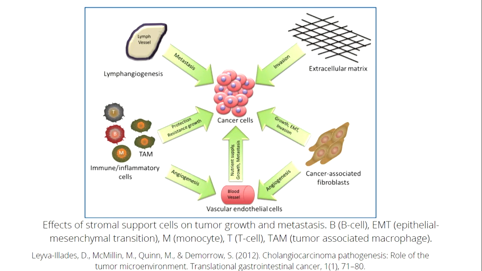So, the lymphangiogenesis, the extracellular matrix, the cancer-associated fibroblasts, the vascular endothelial cells, and the immune or the inflammatory cells contribute to the growth, supply, and metastasis and invasion of the cancer cells.